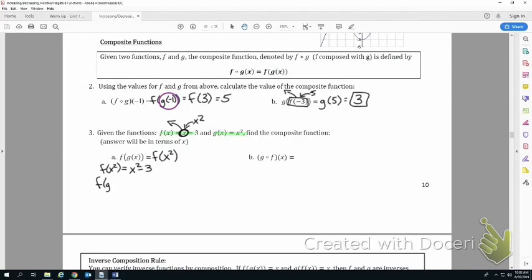And now if you were to write your final answer, if you could simplify it, you would. This one you can't. So you would want to write the f of g of x equals in your answer.